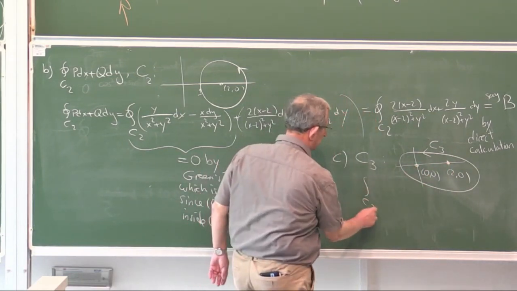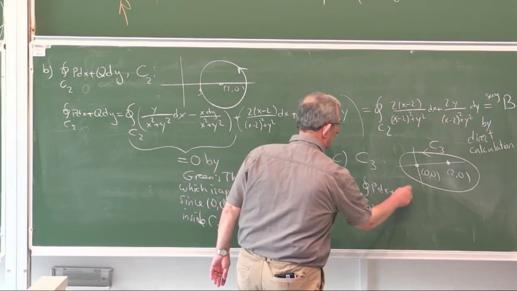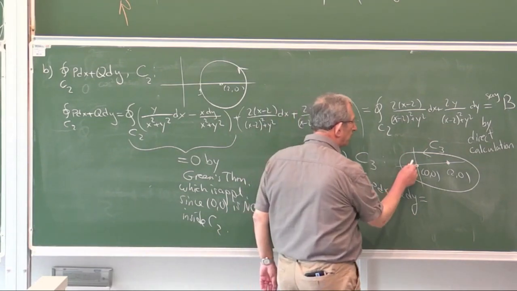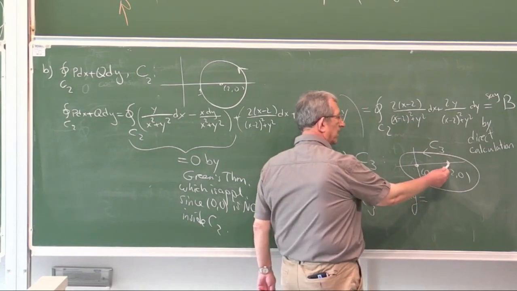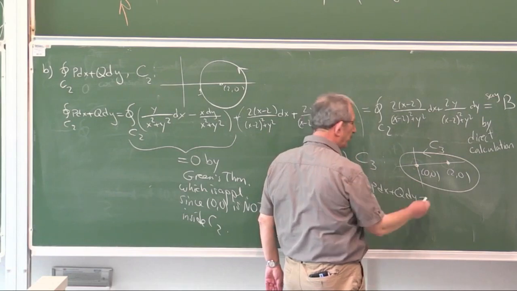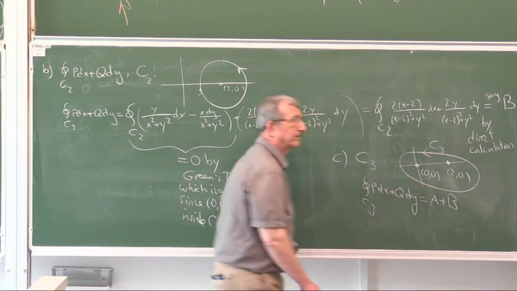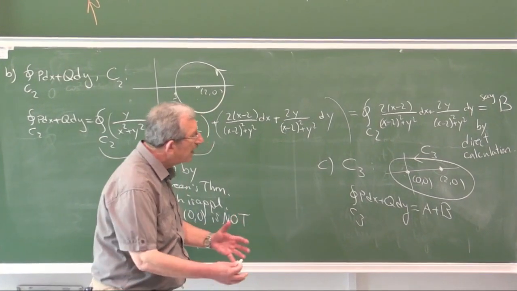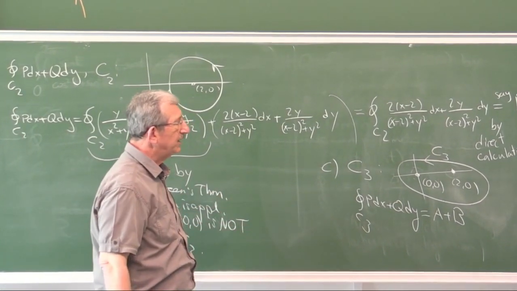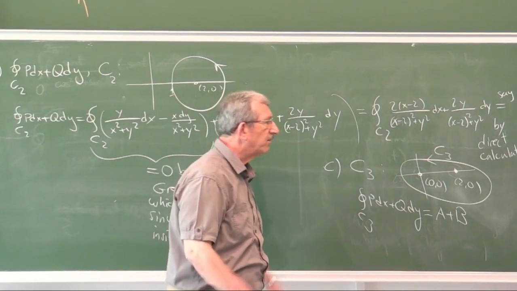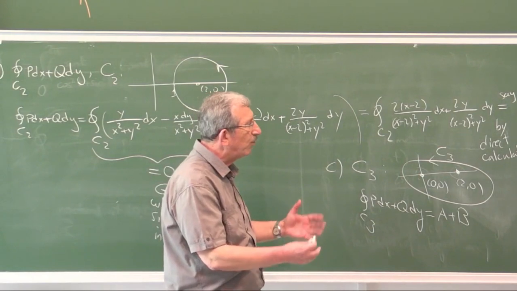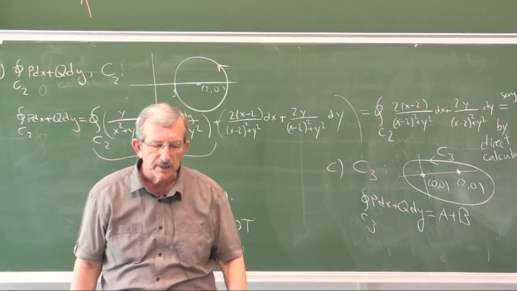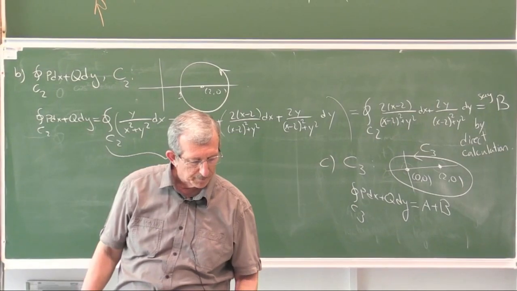So the integral over C3 of P dx plus Q dy would be, because of our previous observation, if you draw small circles around them, the sum of the integrals here, which were A plus B. So how many bad points you have inside, and what their values are, plays a role here, because of the trick of putting the bad points outside of C in some sense by calculating the integral over Ct, where we can apply Green's theorem.